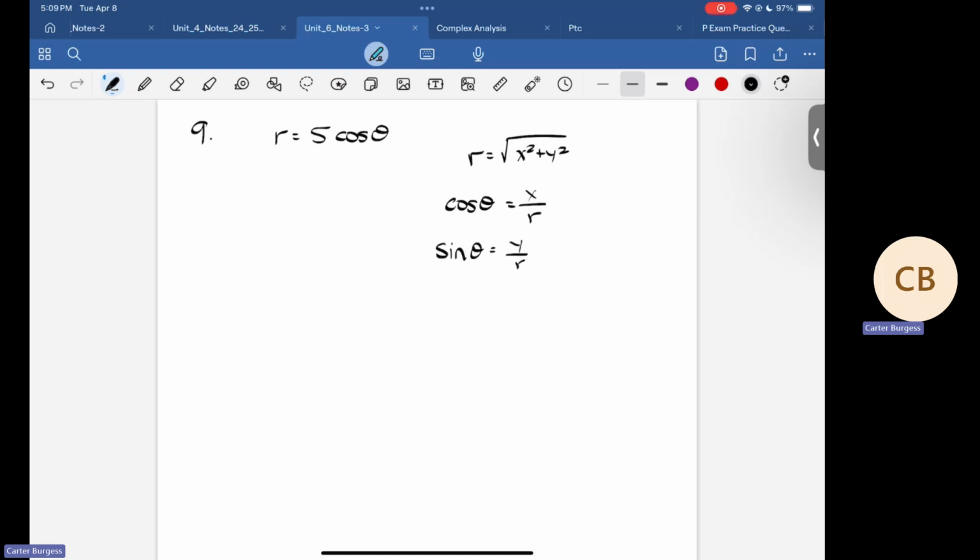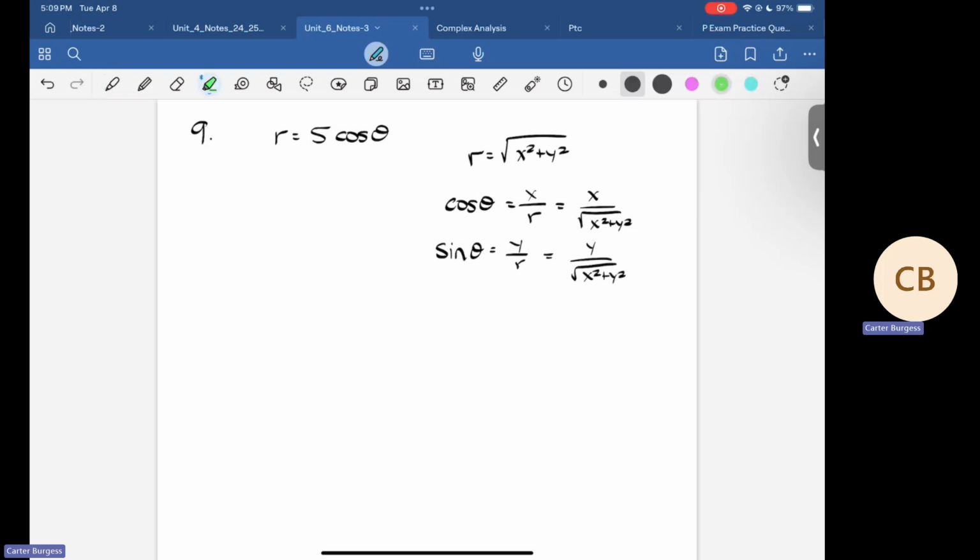Now again, our goal is to replace all of the r's in terms of x and y, so I could also think of this cosine of theta as being x over the square root of x squared plus y squared, and I could think of the sine of theta as being y over the square root of x squared plus y squared. That would certainly be acceptable.